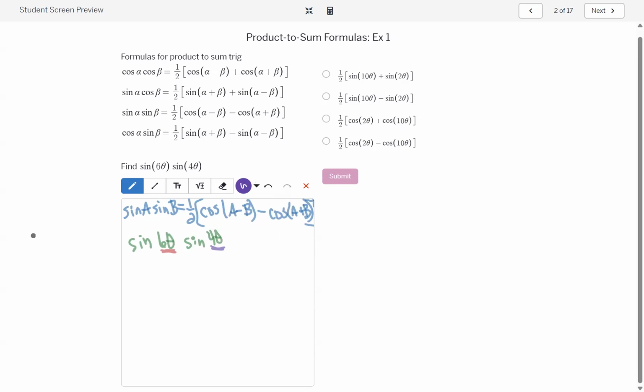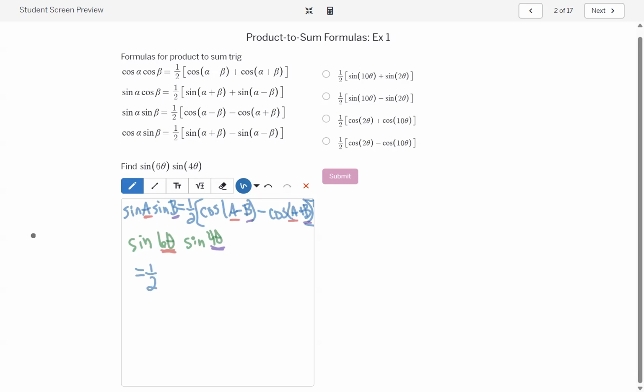So sine of 6 theta, we can call 6 theta A. Everywhere there's an A, I'm going to write 6 theta, and everywhere there's a B, I'm going to write 4 theta. Everything else in the formula I'll keep exactly the same.